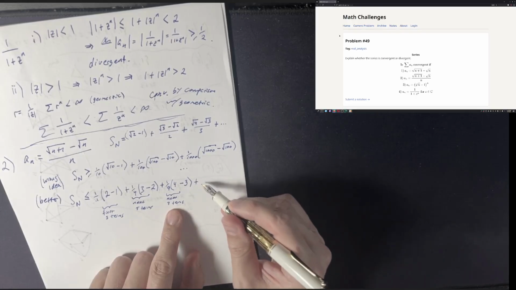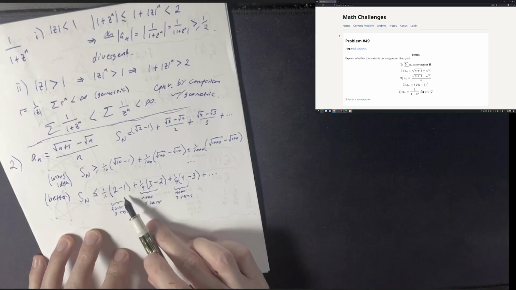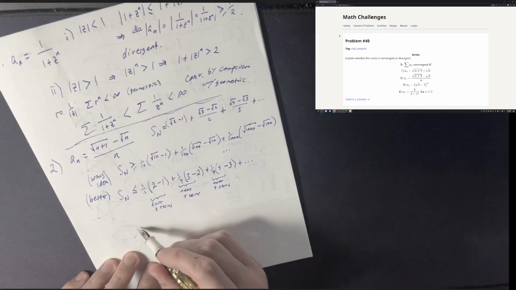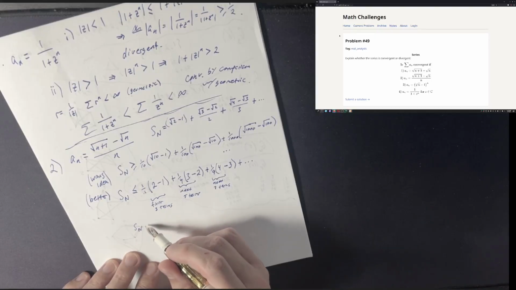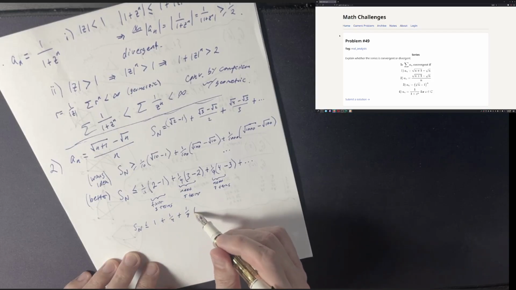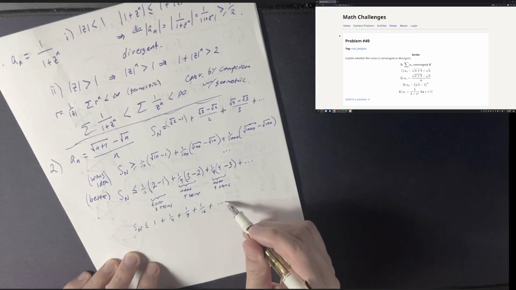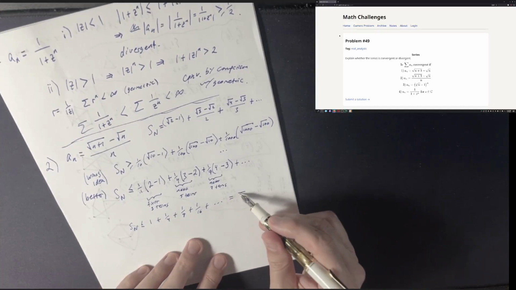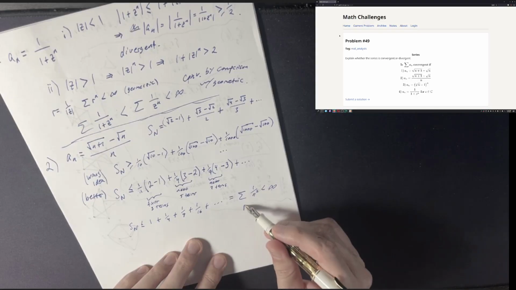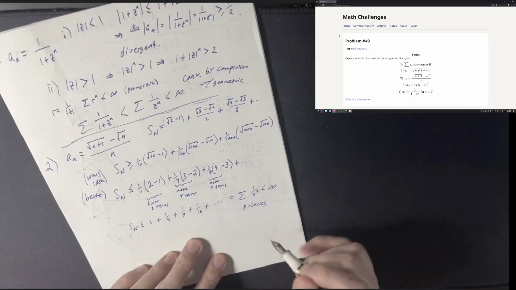So I'm saying you can regroup it like this. Everything in the parentheses will be a 1, and so you're comparing our series to this series, 1 plus a quarter plus a ninth plus a 16th, etc., which is convergent. Usually called a p-series.